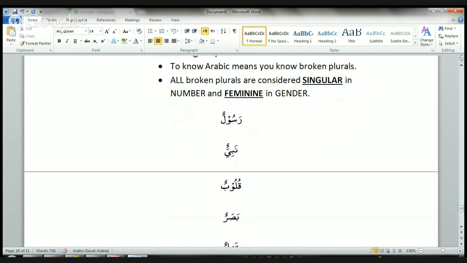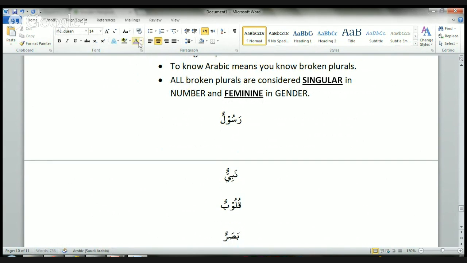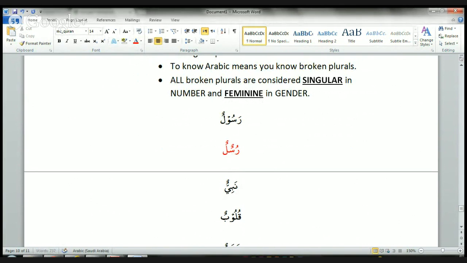So Rasulun, its broken plural will be Rusulun.